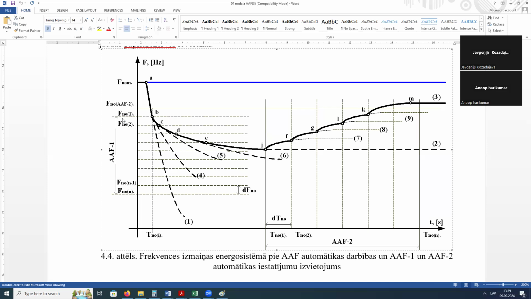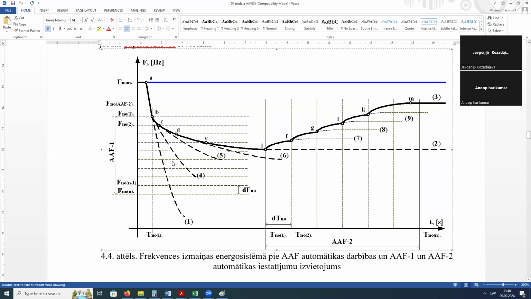So, for example, this process starts here, at point B. We disconnect some load, and you see the load is decreased, which means the imbalance is decreased. So the speed of the frequency drop is decreased as well. But the frequency still continues to decrease, and it means the next dose of load will be disconnected, and so on. So here we have the curves 1, 4, 5, 6.